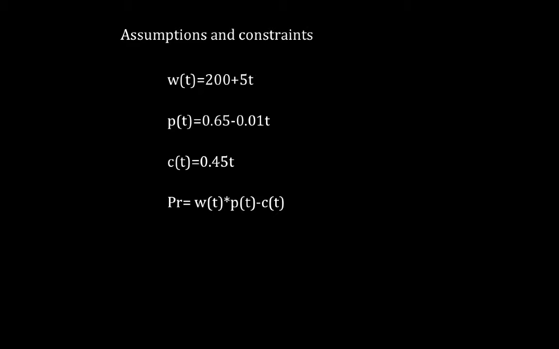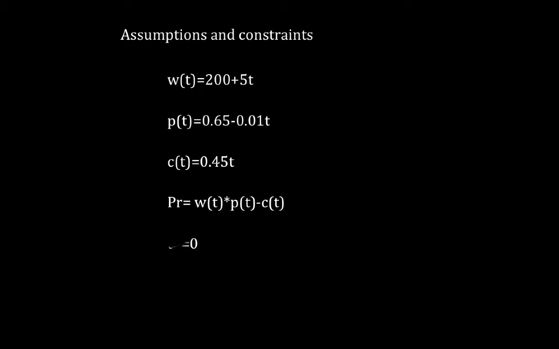R equals weight of pig multiplied by price per pig. Right? That is the income. Weight of pig multiplied by price per pig, because they pay for the weight of the pig.